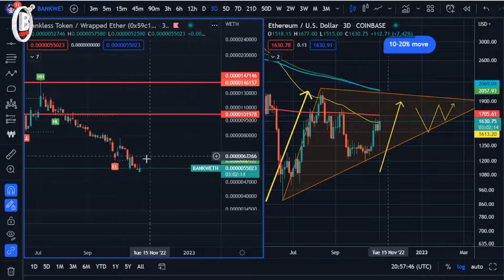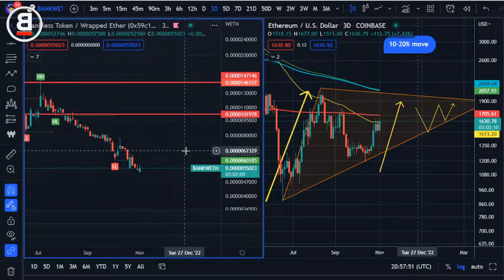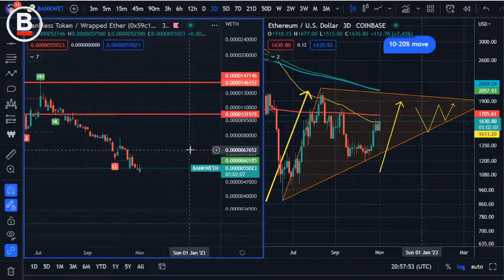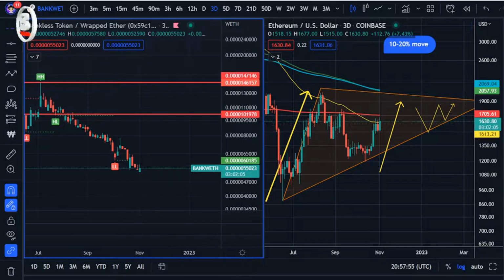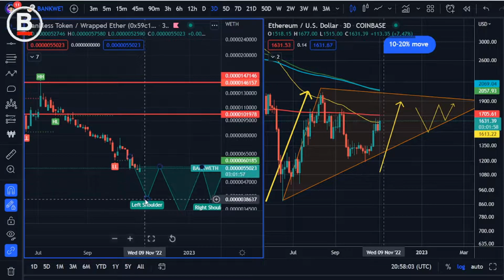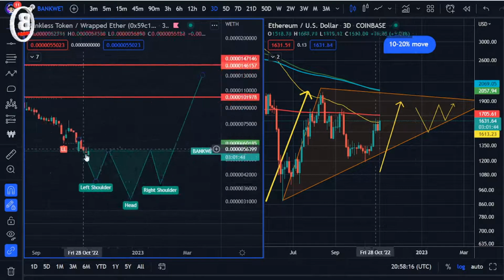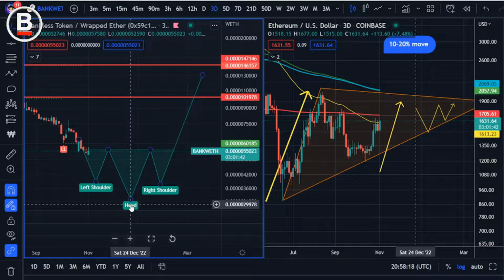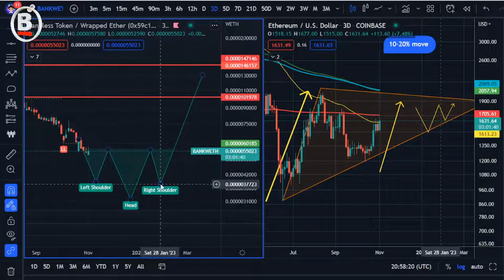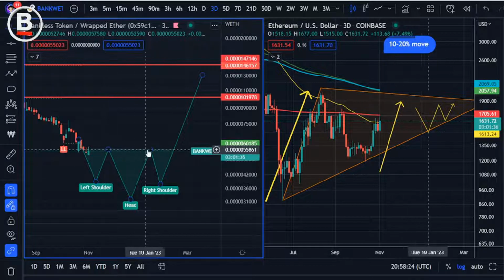We expect a lower high, and then we want to find a lower low. Here we go back to this head and shoulders, right? We expect to come down.